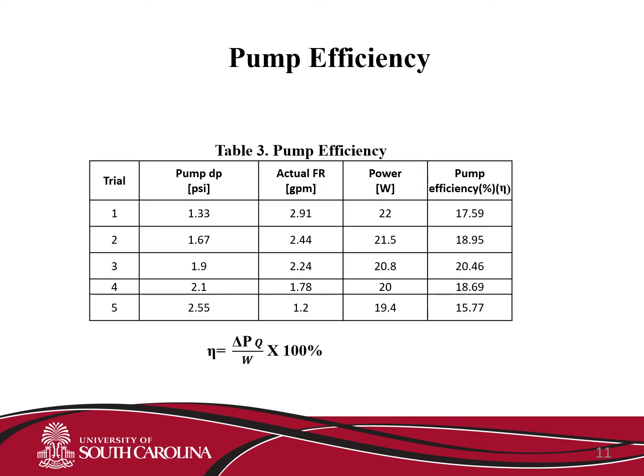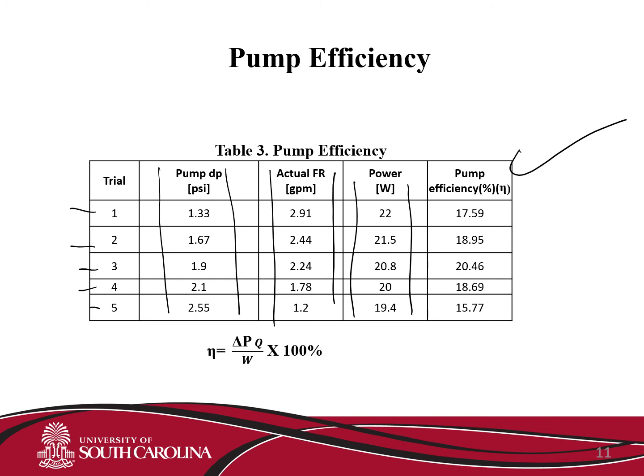Okay, let's move to the third table, pump efficiency. Calculating the pump efficiency, trials 1, 2, 3, 4, 5. Delta B for centrifugal pump with the actual flow rate, and then with the power, calculating the pump efficiency.